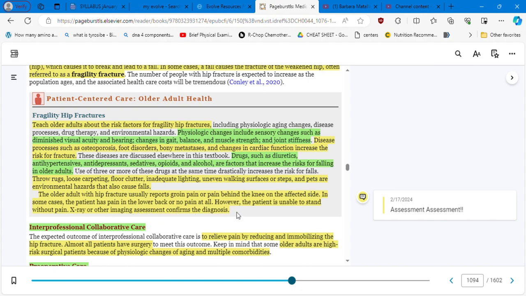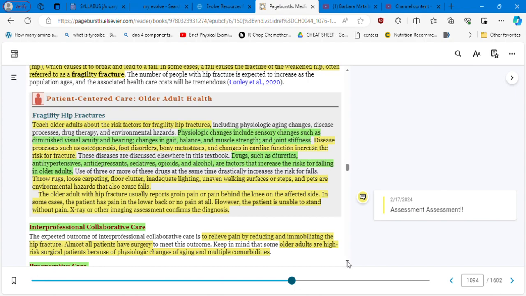So if you know this, you know that you need to take the patient, if it's a family member, to the ER for an X-ray to be done immediately.